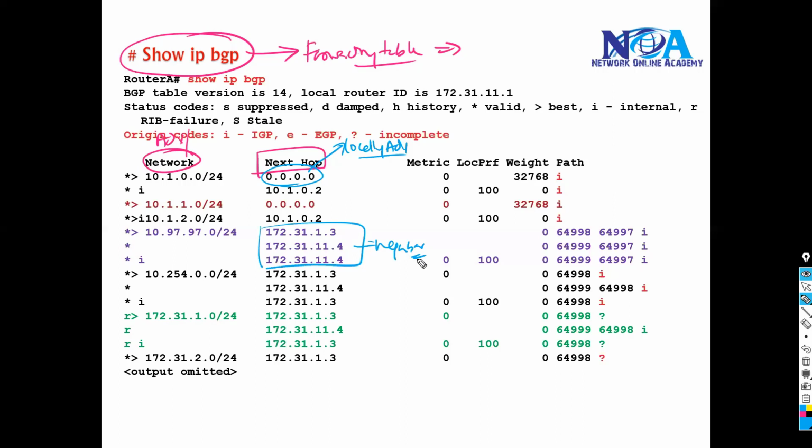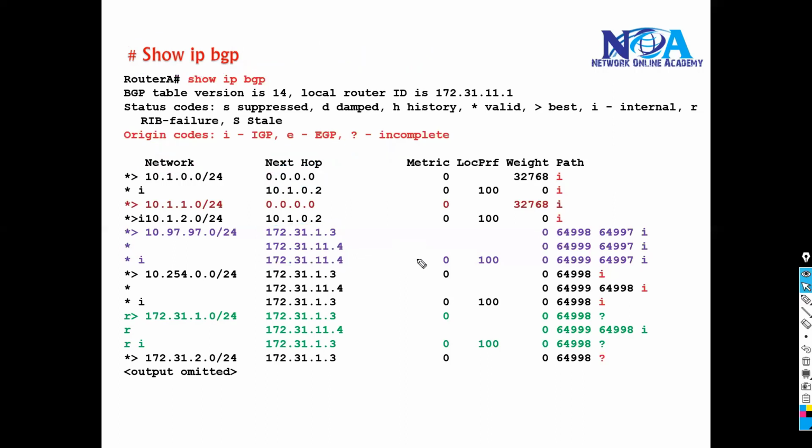Again, BGP next hop and AS path are well-known mandatory attributes. Here you'll find AS path information. Whenever you see just I or just a question mark, that represents the origin code, which means these routes are coming from the same AS. If you're receiving routes from the same AS, you will see output like this.